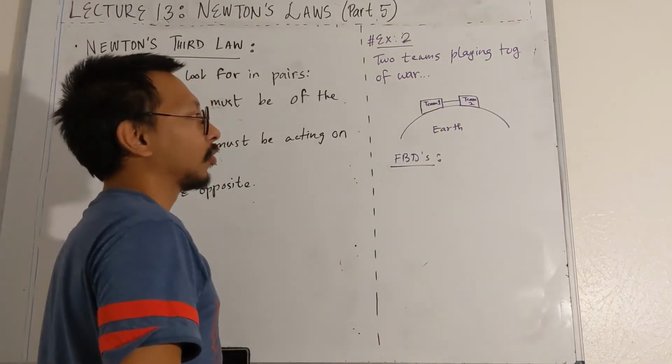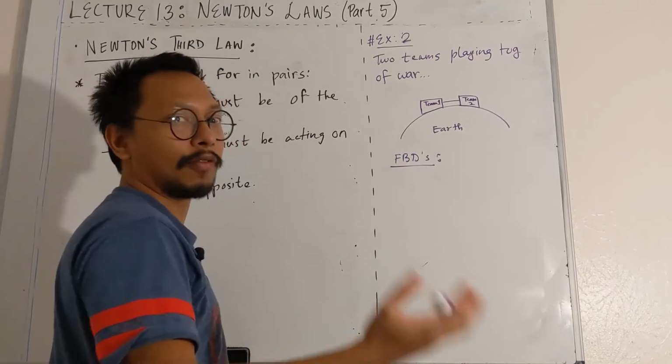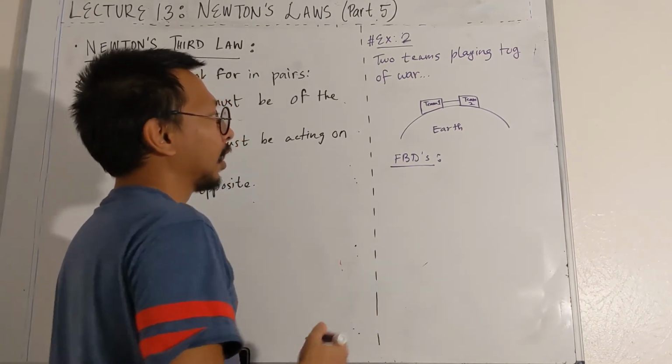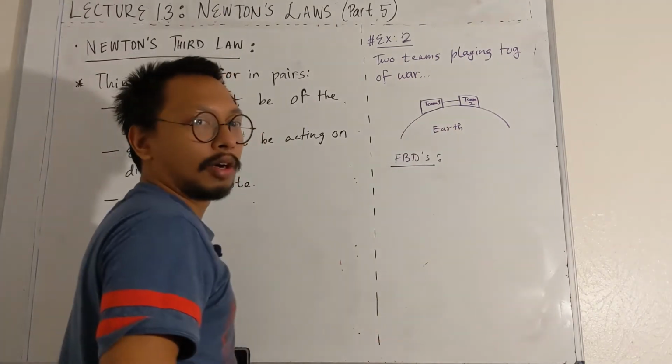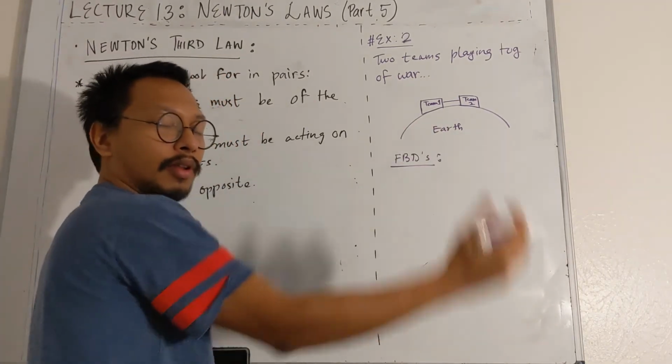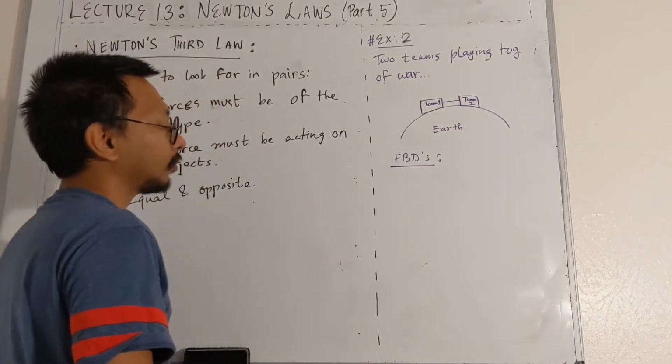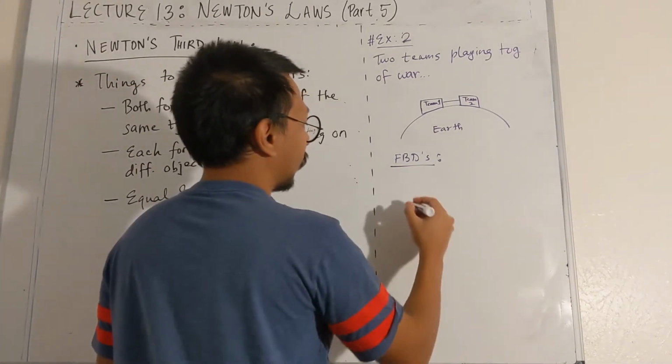Let's consider the rope to be massless so that we don't have to draw a free body diagram for the rope itself. And then both teams are on Earth's surface. So team 1.